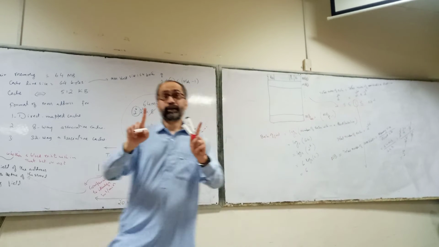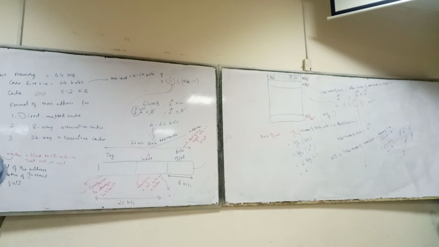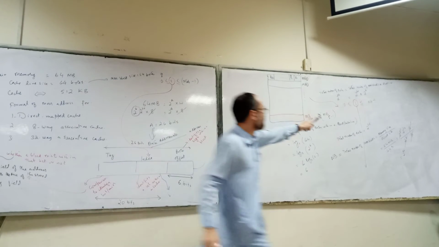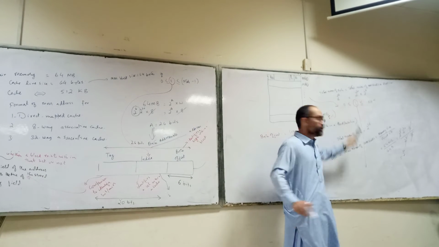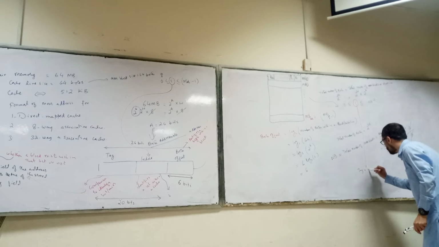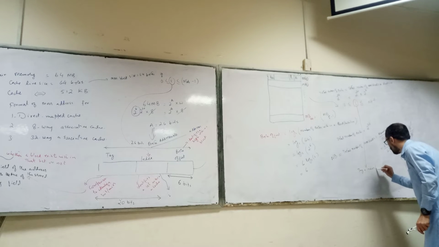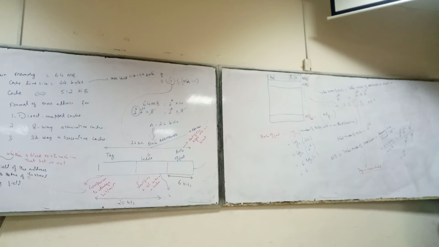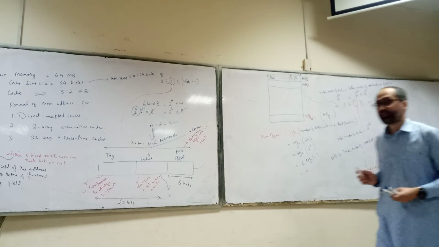The tag plus index fields, because 20 bits are required. So J is equal to the tag plus index field.